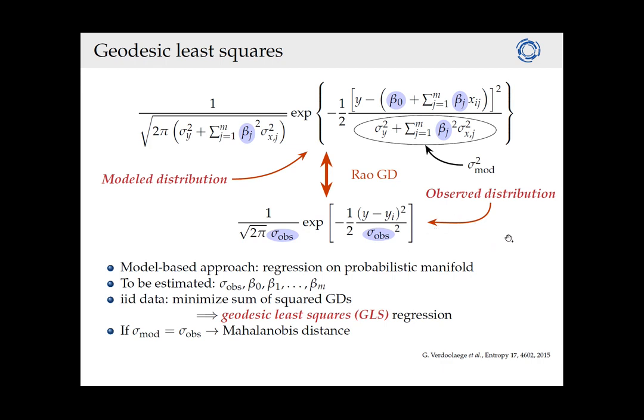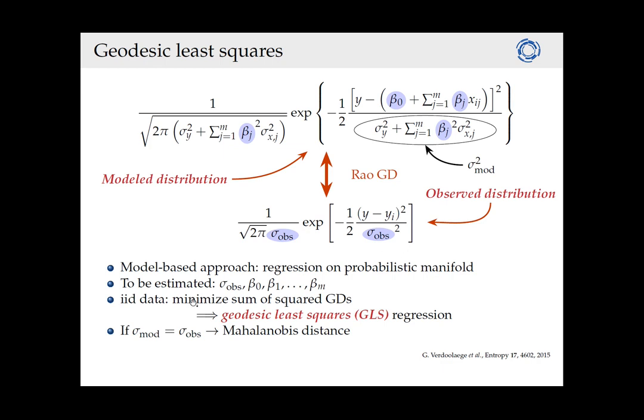It is the equivalent of ordinary least squares in a Euclidean space, where here we have to estimate, of course, the coefficients of the regression model and also this observed standard deviation that we assume to be unknown. And it is this standard deviation that introduces extra flexibility in the method.